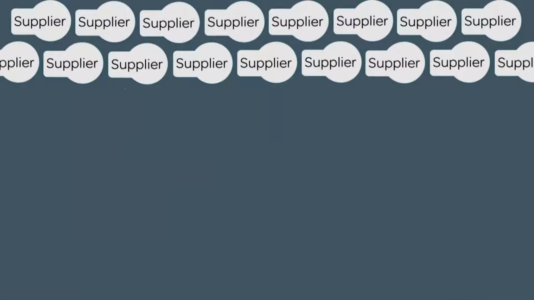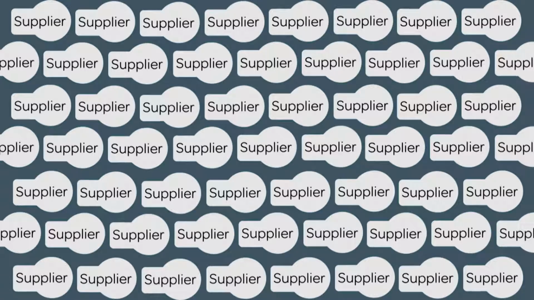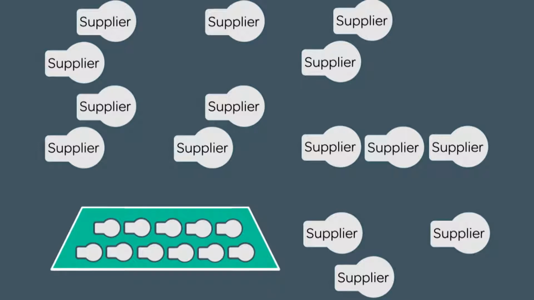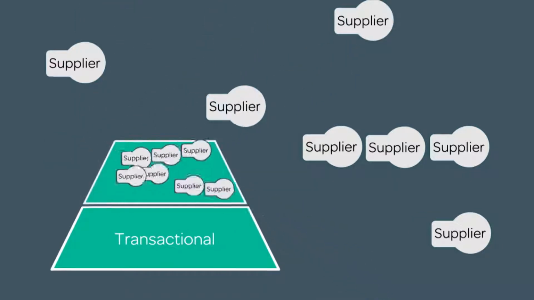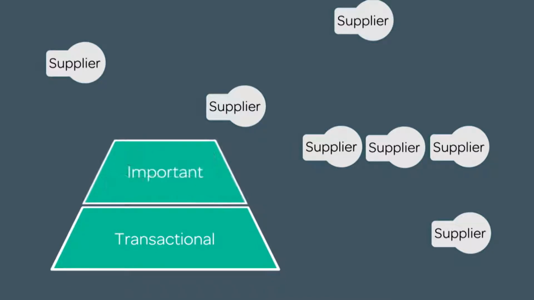To apply SRM, we need to identify which suppliers are important. For the majority of our suppliers, we don't usually need any sort of special relationship or anything more than to simply transact business. This leaves a much smaller number of suppliers that are important to us in some way. So we need to manage them or perhaps monitor how they perform to ensure we get what we need.